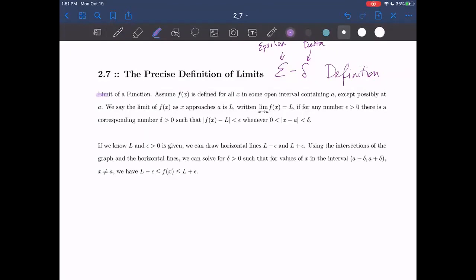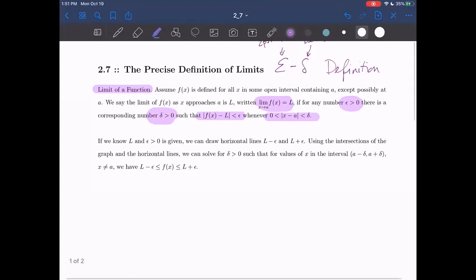So looking at it, we've got our limit of a function, and it starts off the same way. We're defining our limit here. We say that the limit of f of x as x approaches a is L if for any number epsilon greater than 0, there is a corresponding number delta that's also greater than 0, such that these two inequalities hold.